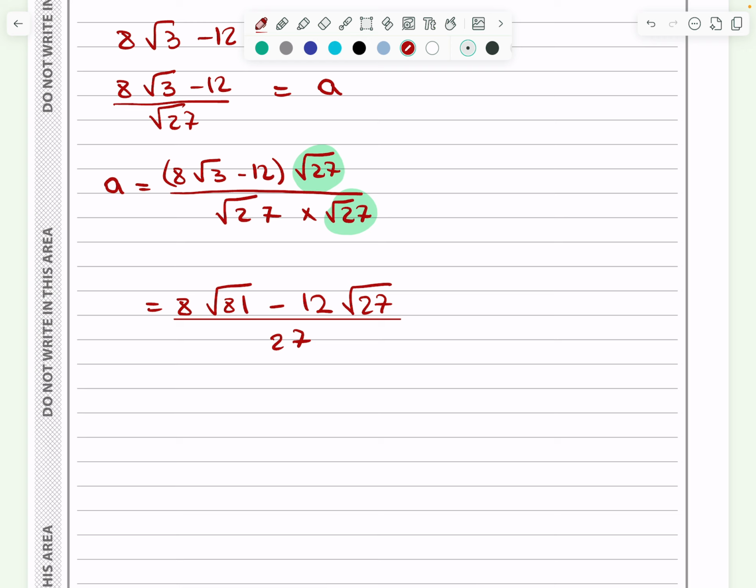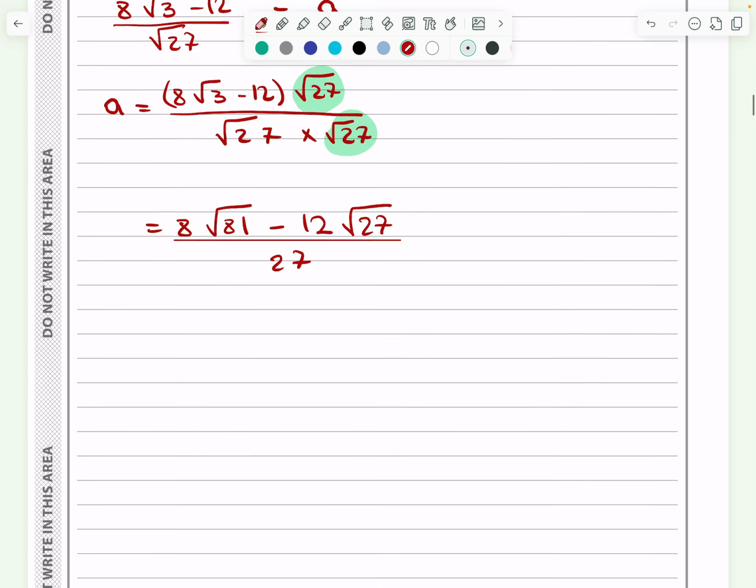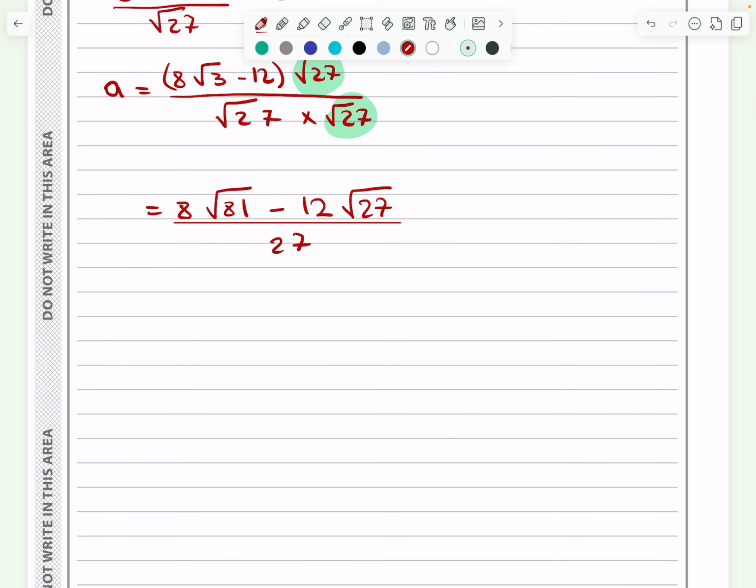One more thing that I'm going to do here: let's just write this as 8 times 9, because square root of 81 is 9. Minus 12, but instead of square root of 27, I can write square root of 9 multiplied by square root of 3, divided by 27.